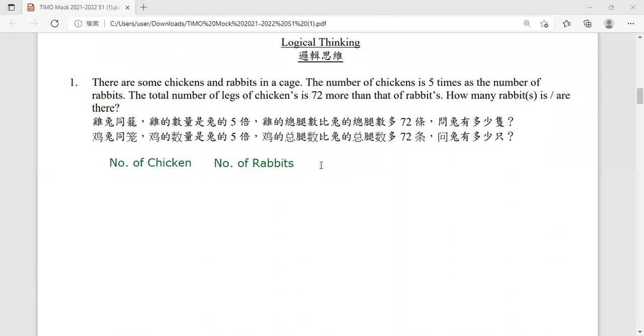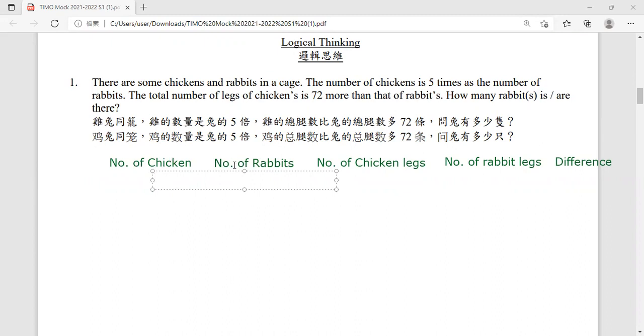The difference. We make a chart something like this one. A rabbit has 4 legs, a chicken has 2 legs.